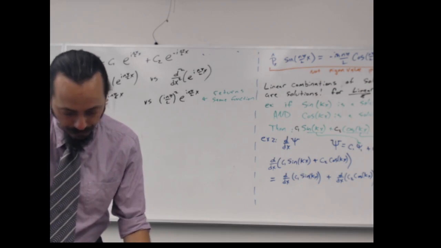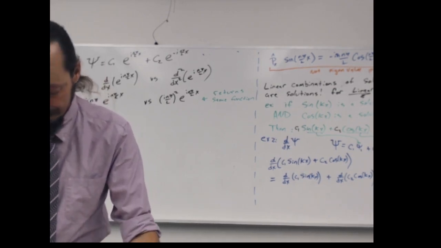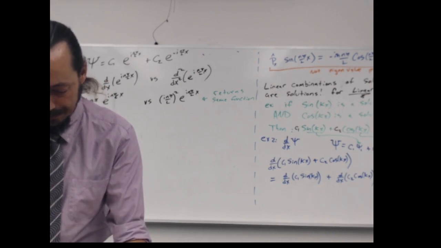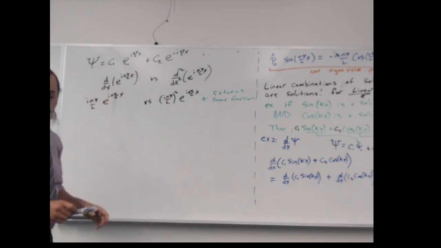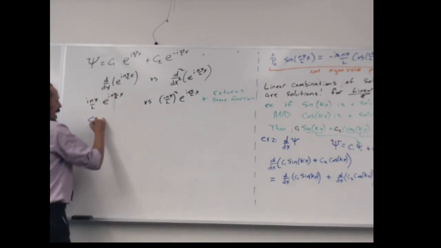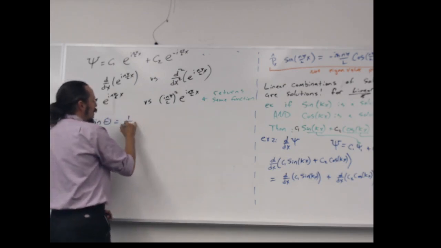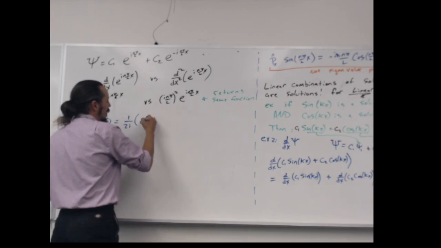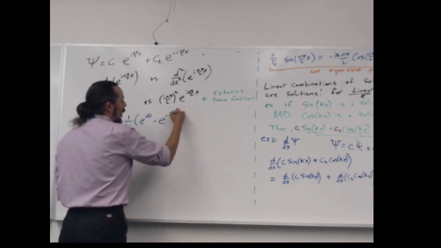So it turns out that there is a way where we can rewrite these things as each other, where if you just have a sine theta, you can rewrite that as 1 over 2I, e to the I theta minus e to the minus I theta.